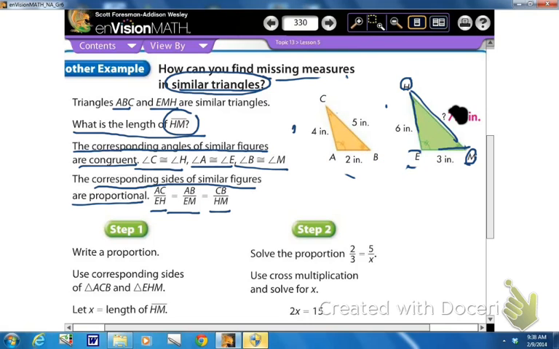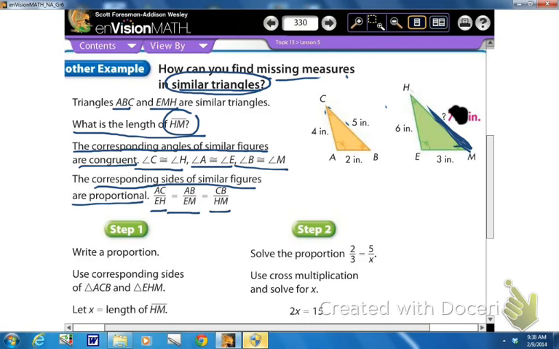Let me erase this so we can look at it a little better. Since we know that CA or AC, whatever I want to call it, over HE could be set up to equal AB over EM, or CB over HM, what is the length of this line segment?